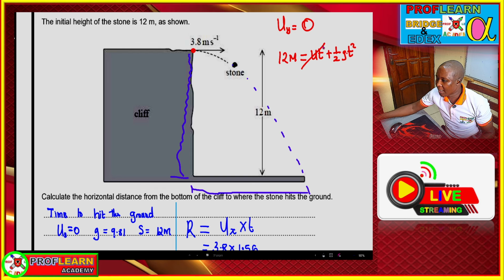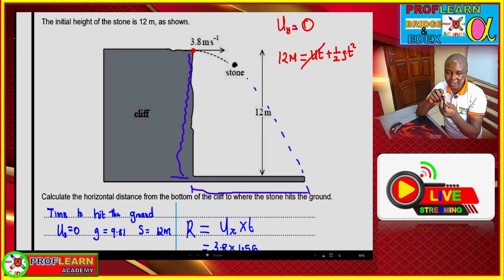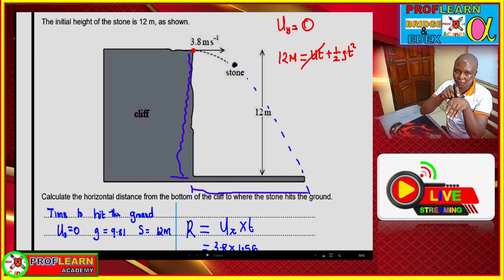So this term will disappear, because the initial velocity of this stone at the time of projection was 0, because the object was projected directly horizontal. But in the case of projection at an angle, you will realize that there will be vertical motion, and that is the vertical component.